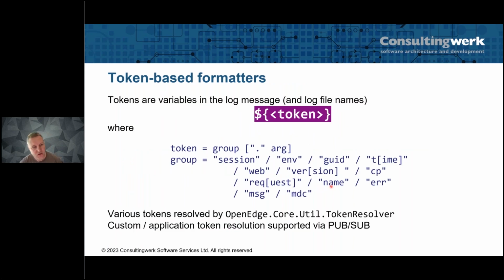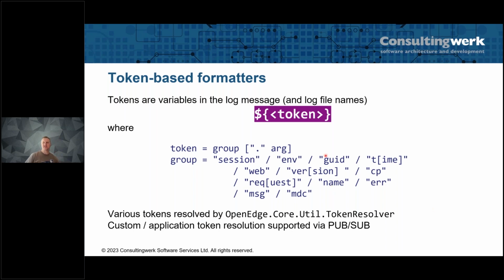Tokens. I've talked about tokens a couple of times, and tokens are really nifty because they let us put effectively variables in the log messages. So we don't have to, as the developer who's making a call, writing an info message or whatever, go and figure everything out ourselves necessarily. We can trust that the component will do that for us.